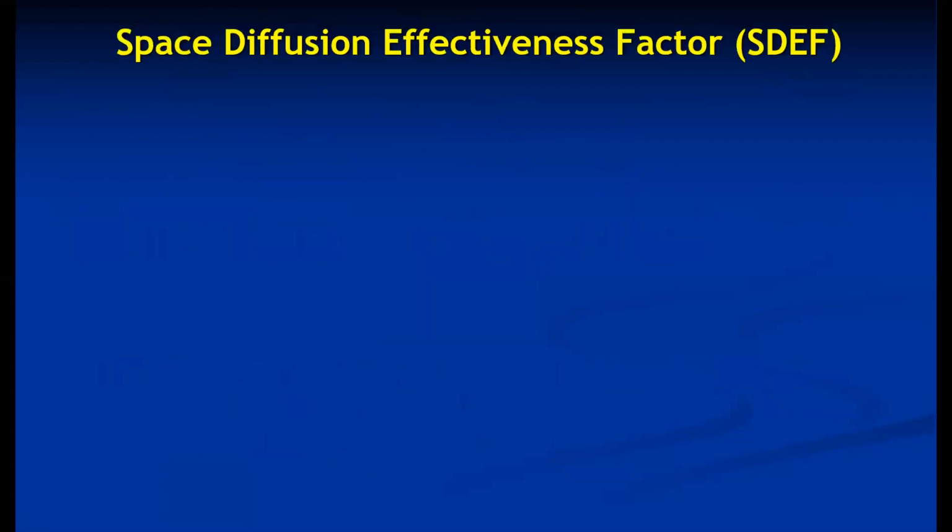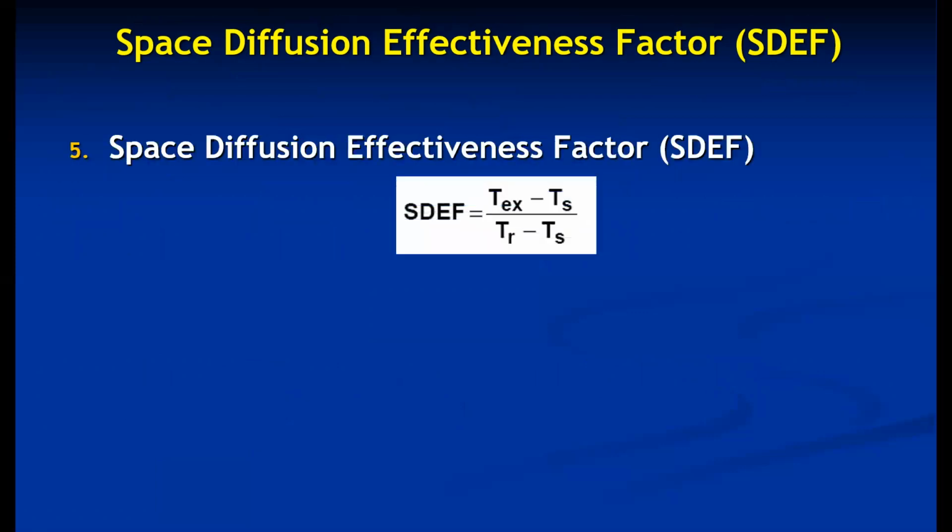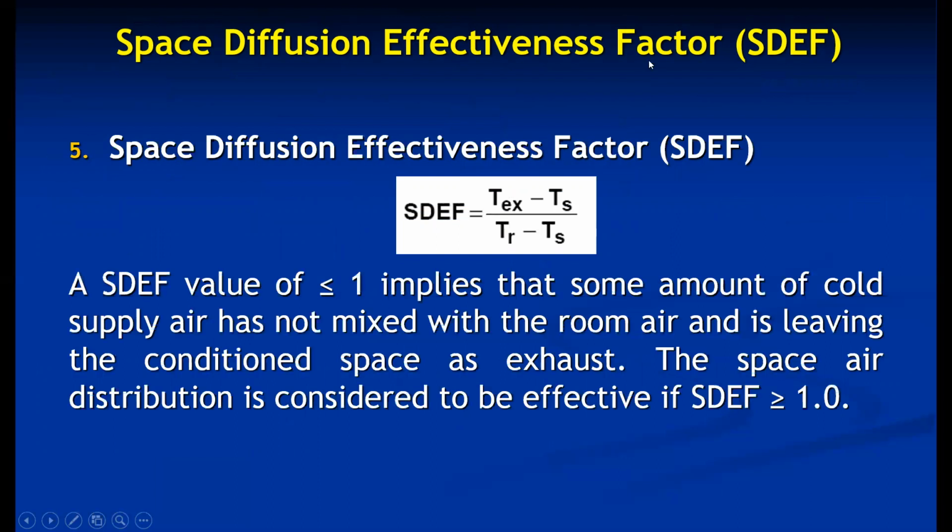Then the next important parameter is the space diffusion effectiveness factor, SDEF. It is the ratio of two temperature differences: the exhaust temperature minus the supply air temperature in the numerator, and in the denominator, the difference between room temperature and supply air temperature.